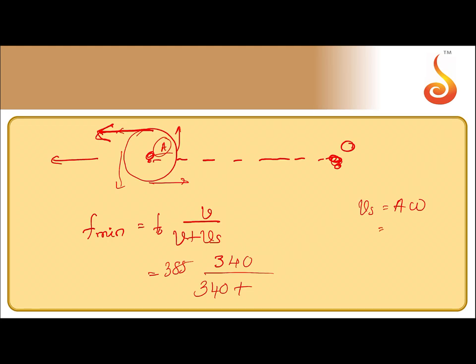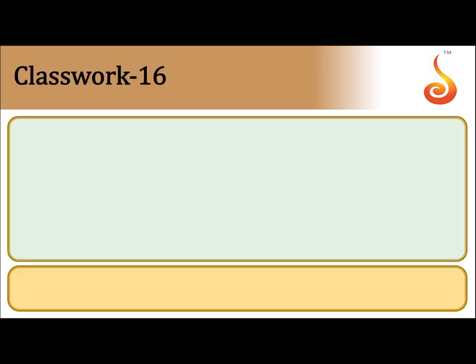So this is half into omega, which is 20, therefore this is 10. So we have 385 into 340 divided by 350, and it simplifies to 374 hertz. So the minimum frequency recorded by the observer is 374 hertz.